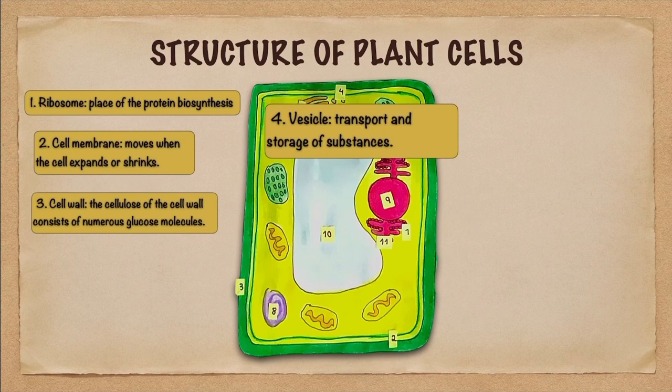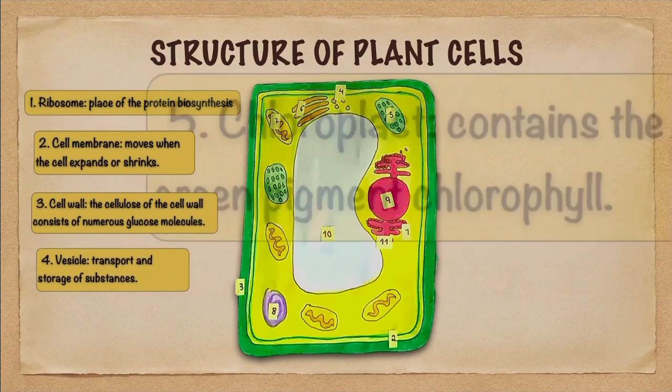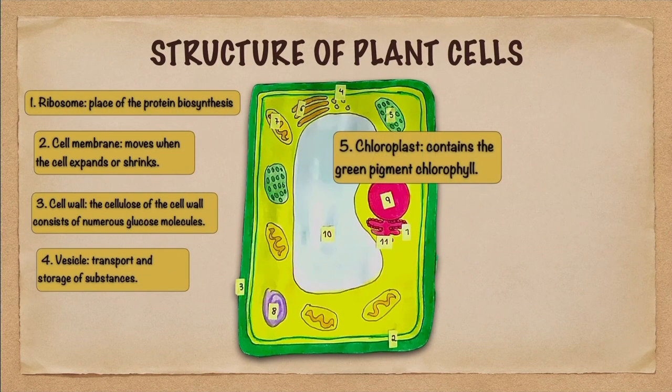Now the vesicle has the responsibility of the storage and transport of some substances. Now the chloroplast contains the famous green pigment called chlorophyll. That's something that the animal cell doesn't have.